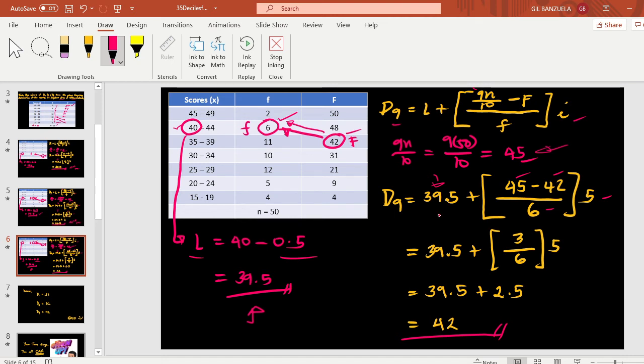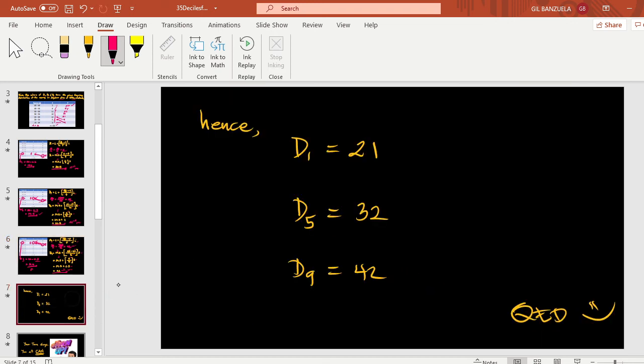Then, simplifying, bringing down 39.5 plus 45 minus 42 is equal to 3 over 6 times 5. That is 1 half times 5. So that would be 2.5 plus 39.5. So that is exactly on the 42nd position. Okay, therefore, decile 9 is at the 42nd position.